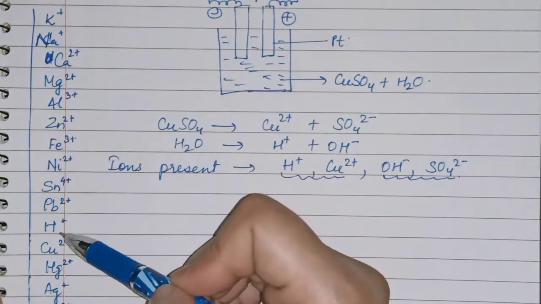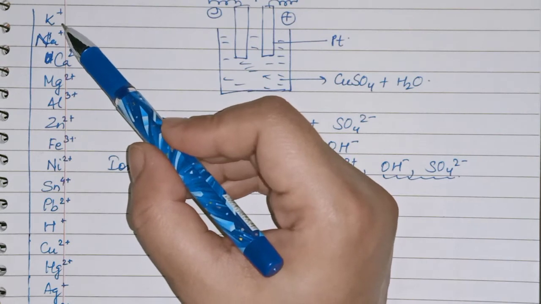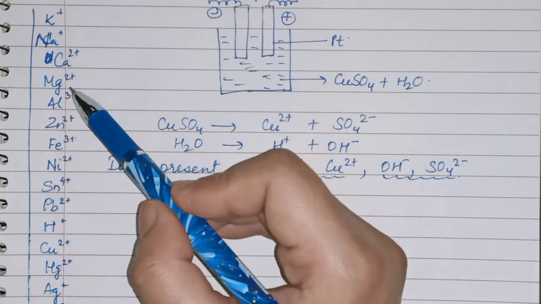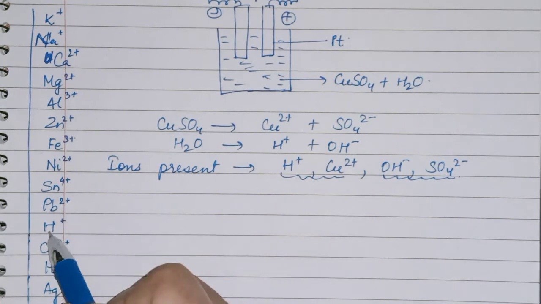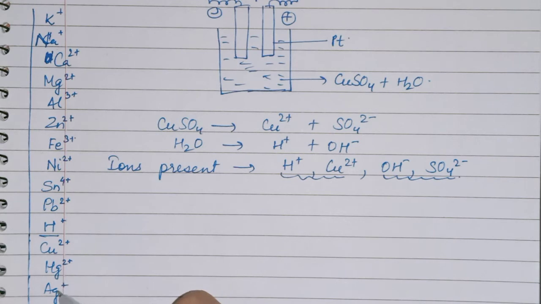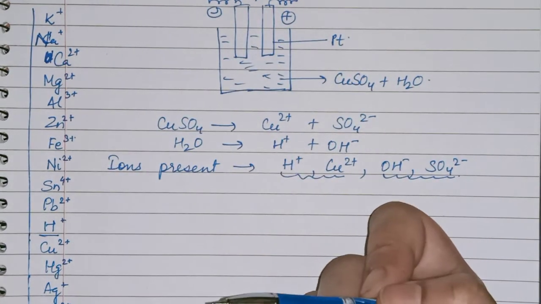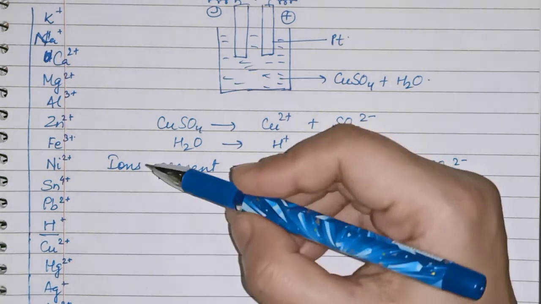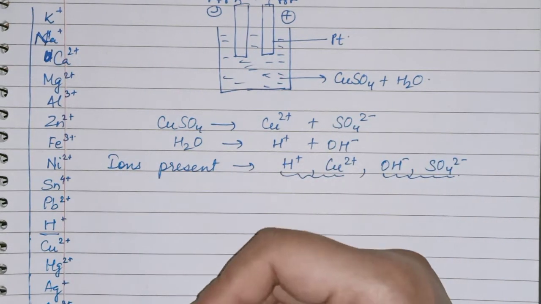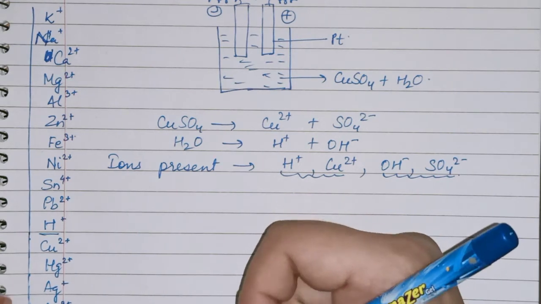Children, this is the electrochemical series of cations or metals. You all have learnt it in class 9th also. Potassium, sodium, calcium, magnesium, aluminium, zinc, iron, nickel, tin, lead, hydrogen, copper, mercury, silver, gold and platinum. So when we are moving down, the tendency to get discharged will increase, or you can say that the lower ion will get discharged first.